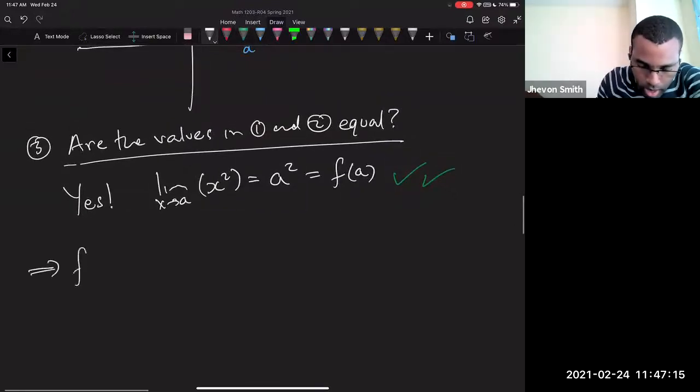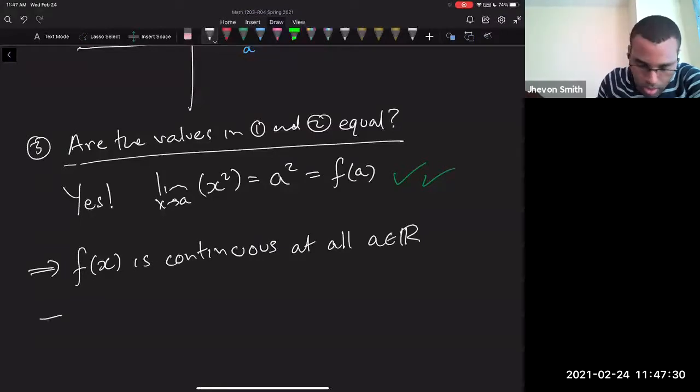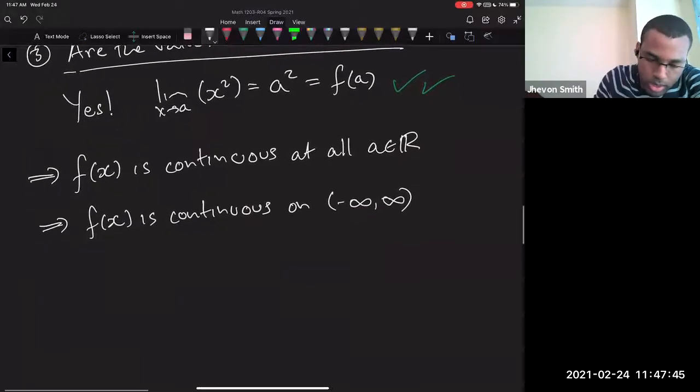This means f of x is continuous at all real numbers a. This means f of x is continuous on negative infinity to infinity.